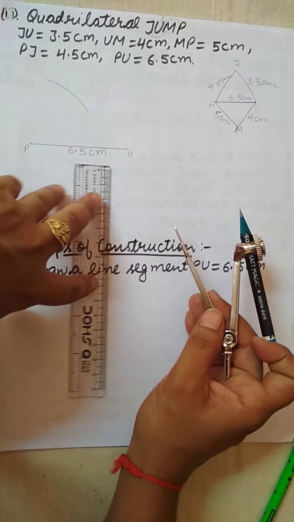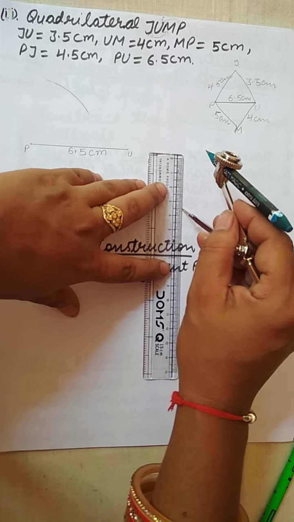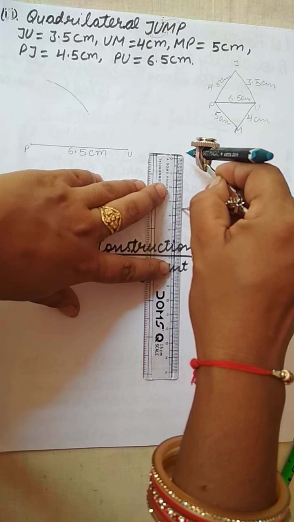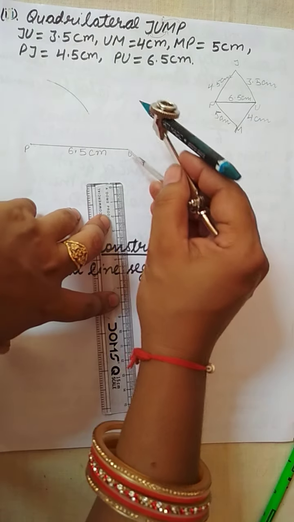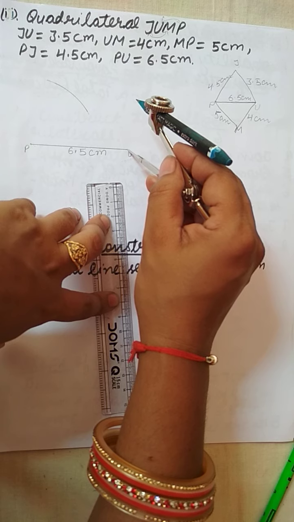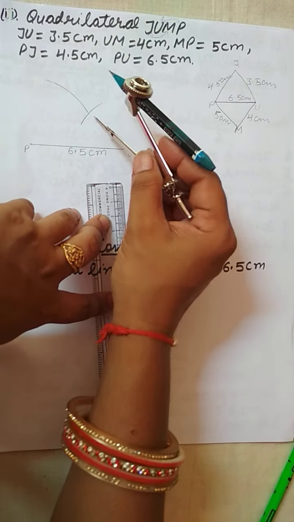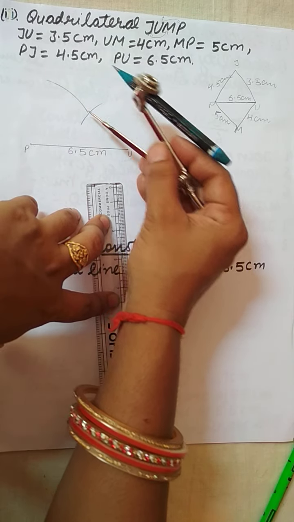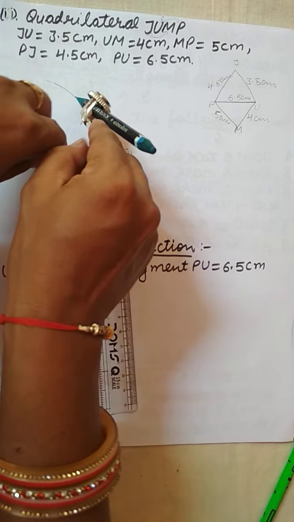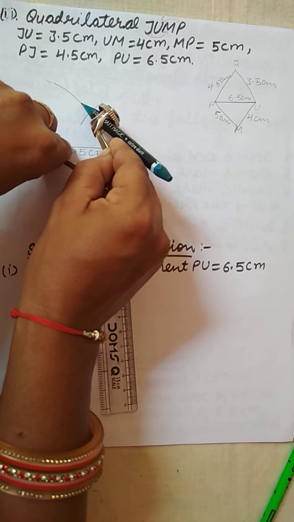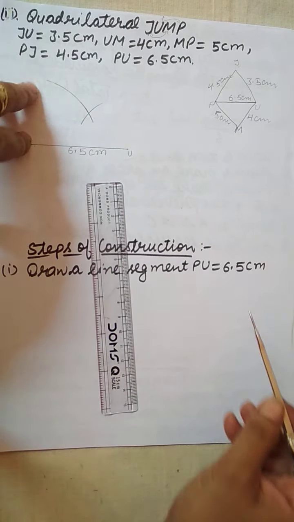Now I have to open the compass 3.5 centimeter, as from U we are to mark the arc 3.5 centimeter. As children, it doesn't intersect, I will extend this arc again. Now these arcs intersect each other.